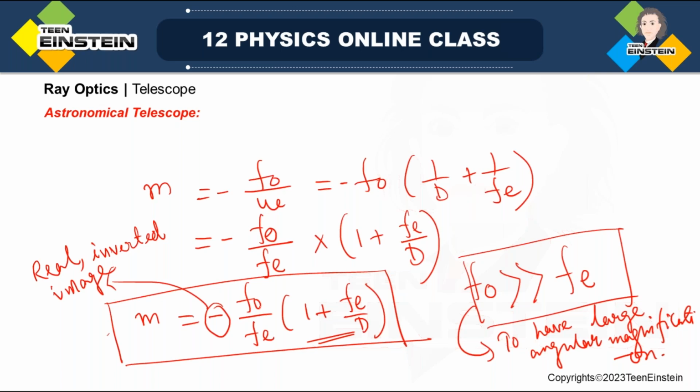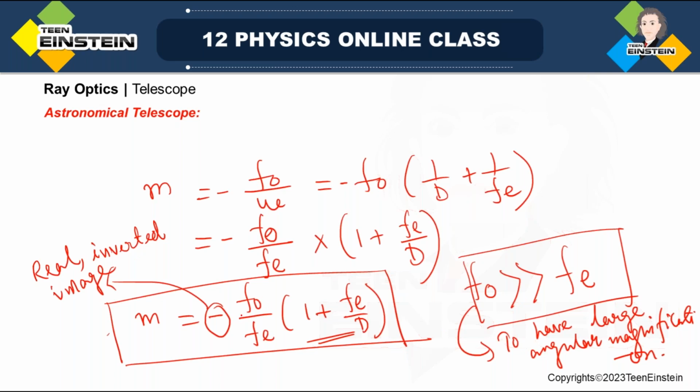Fo means the focal length of the objective lens, and fe means the focal length of the eyepiece, and this factor 1 plus fe by d. D is the least distance of distant vision. For a normal eye it is 25 centimeter. And from this minus sign, we understand that the final image will be a real inverted image.